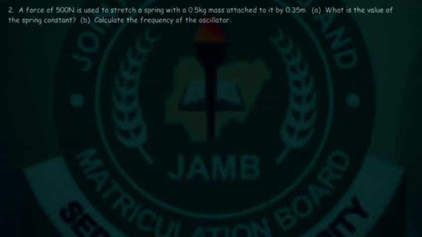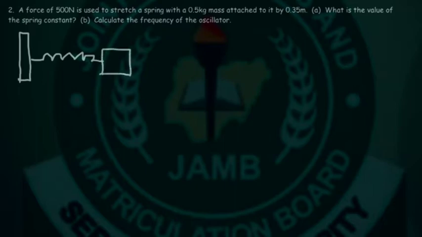Number 2. A force of 500 newtons is used to stretch a spring with a 0.5 kilogram mass attached to it by 0.35 meters. What is the value of the spring constant? And calculate the frequency of the oscillator. So let's say this is a wall, and we have a spring attached to it. And there's a mass.